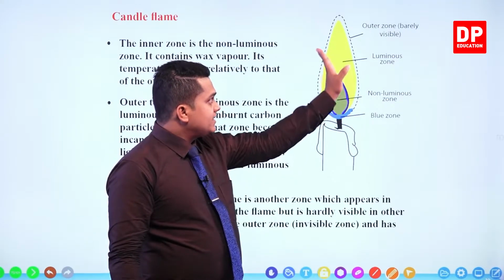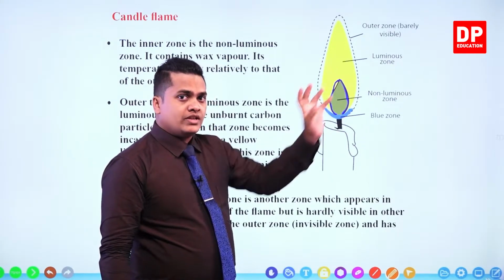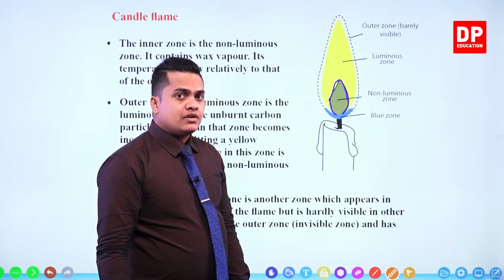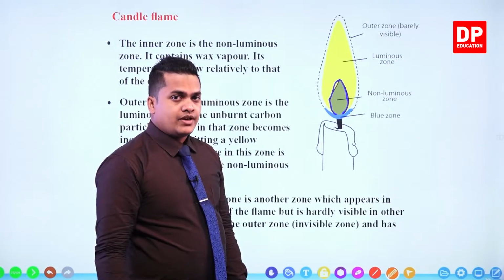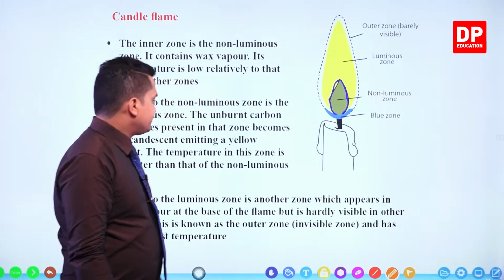As there is incomplete combustion at the luminous zone, we can observe unburnt carbon particles.